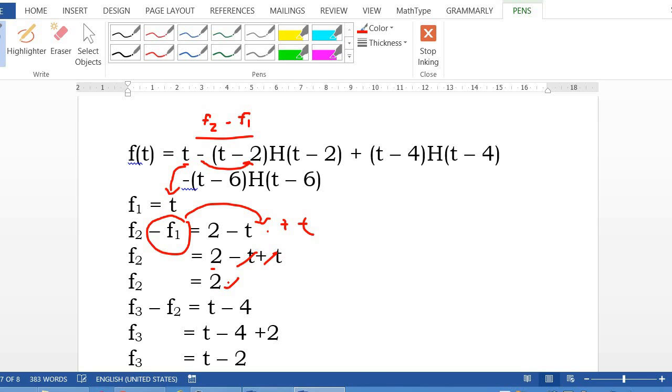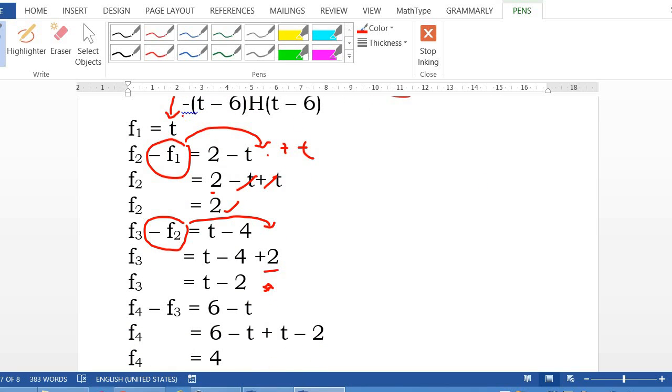Okay, we obtain f1, f2, and this one will be f3 minus f2. So f3 minus f2 equal to t minus 4. You want to get f3, so the minus f2 bring to the other side, become plus f2, which is 2. So t minus 4 plus 2 become t minus 2. So this is the f3.